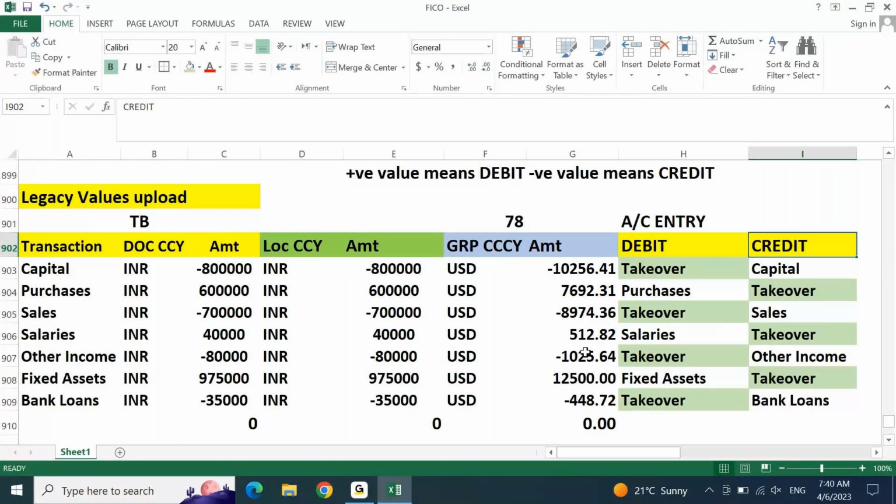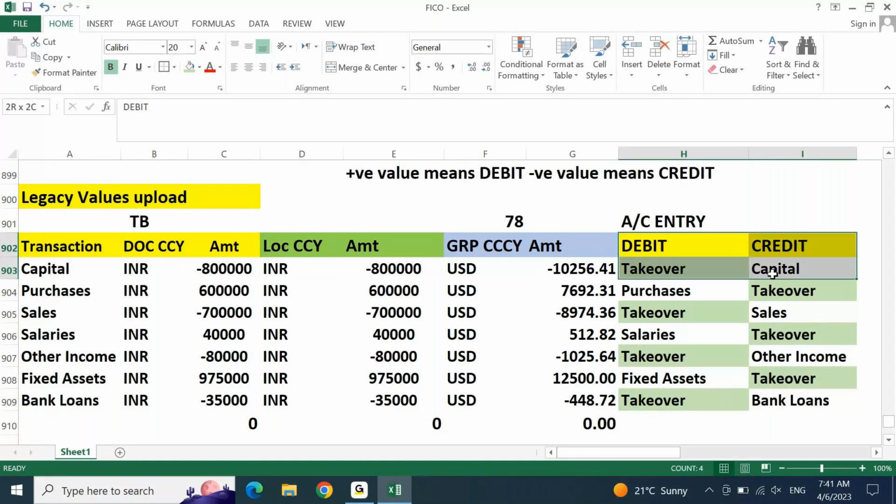Any questions so far on this accounting entry? No, sir. Clear everyone? Yes, sir. For the takeover, what is the general entry? For takeover, this is the journal entry.